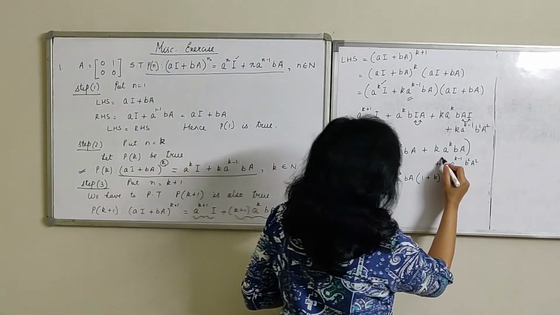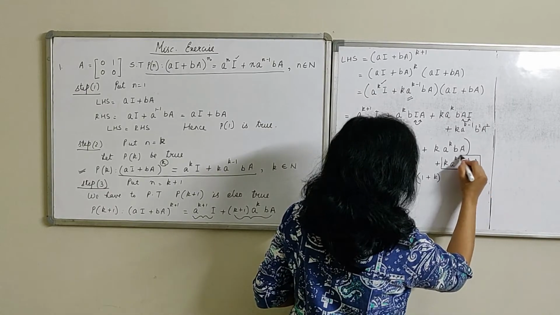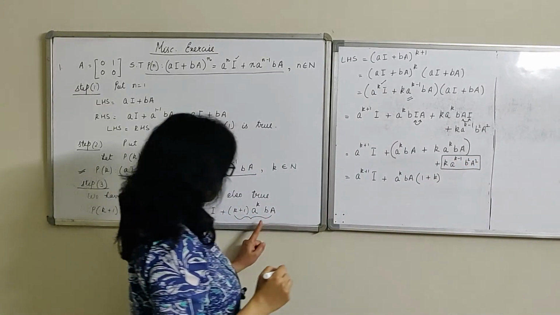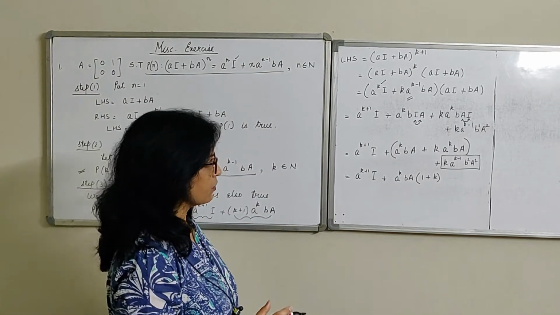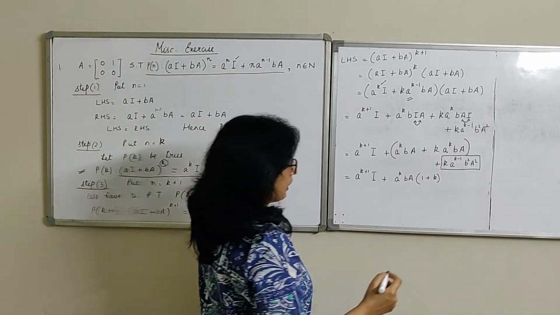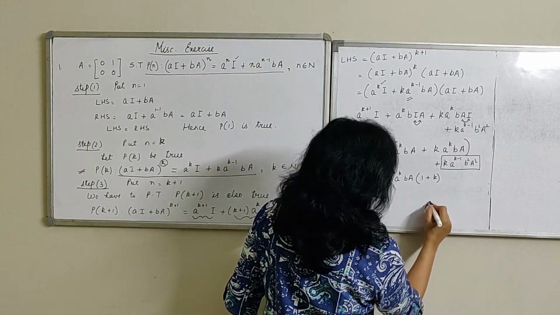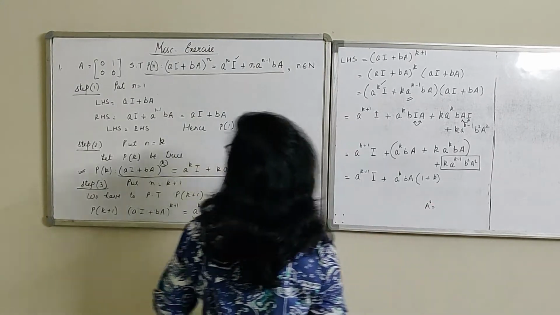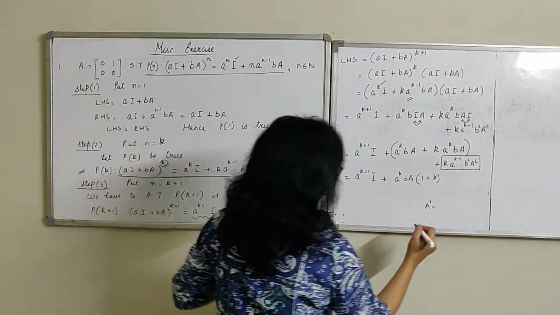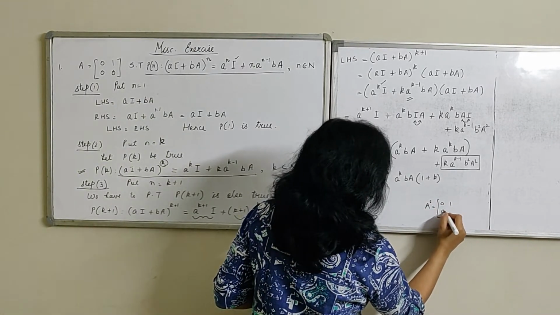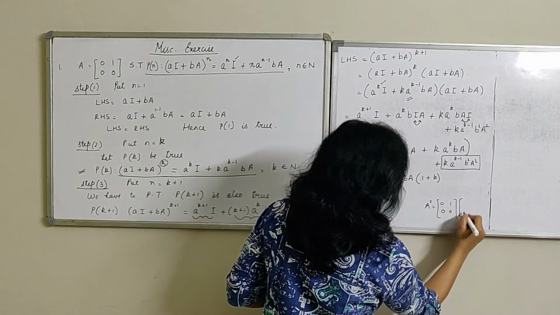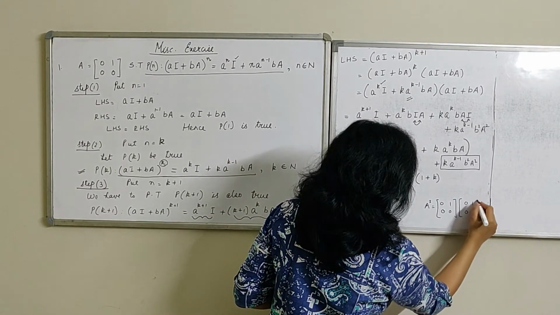We notice here that we are obtaining this additional term here, which is not required. So how do we get rid of this additional term? For this, let us find out A square. So this is matrix A, 0 1 0 0 multiplied by itself.